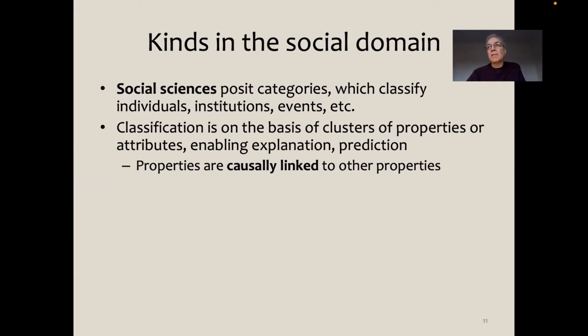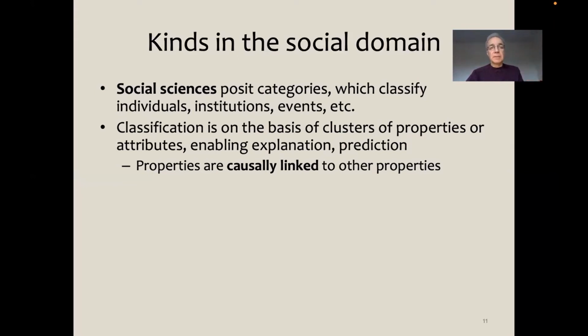Why does something have such and such a feature? Well, because it has this other feature, and feature 1 is causally linked to feature 2. Property 1 is causally linked to property 2, and that's why they're characterized by both of these properties. Members of this kind, if they have one of the properties, they will tend to have the other one, and so on.